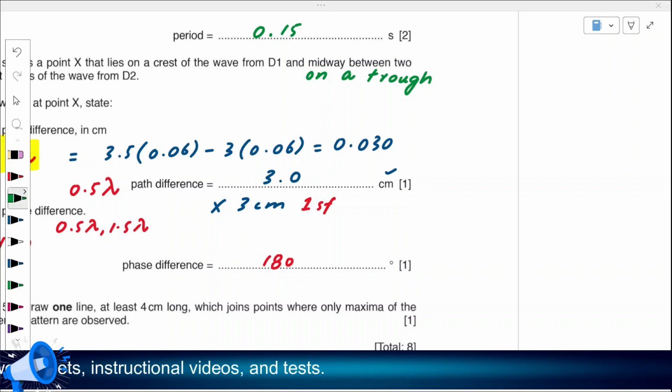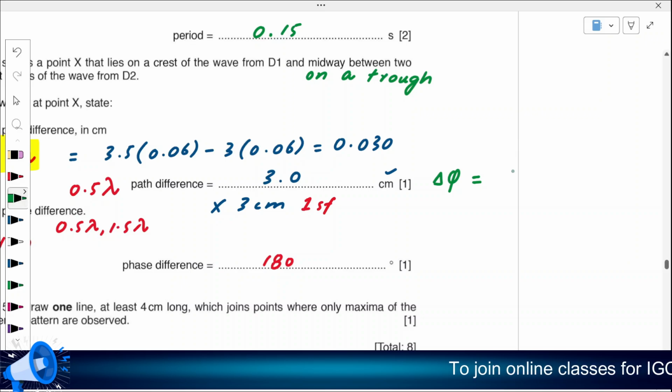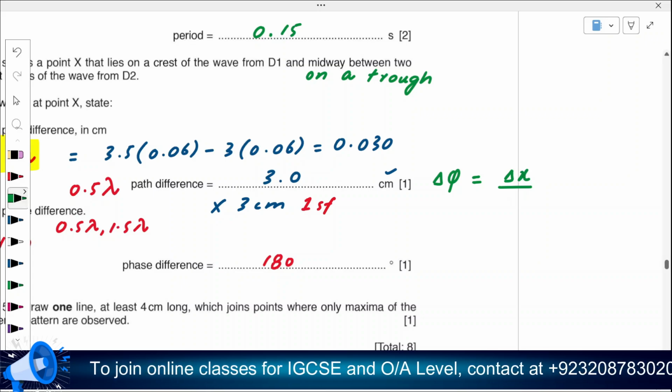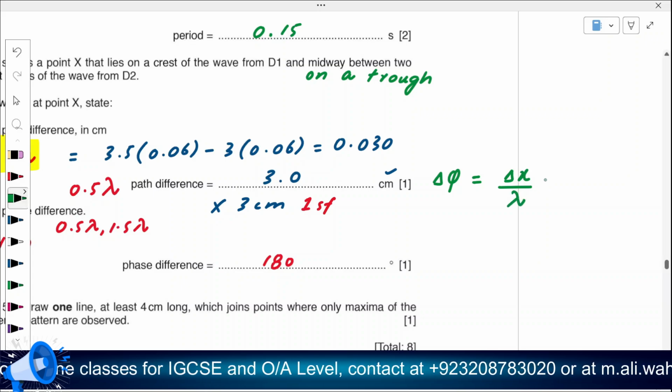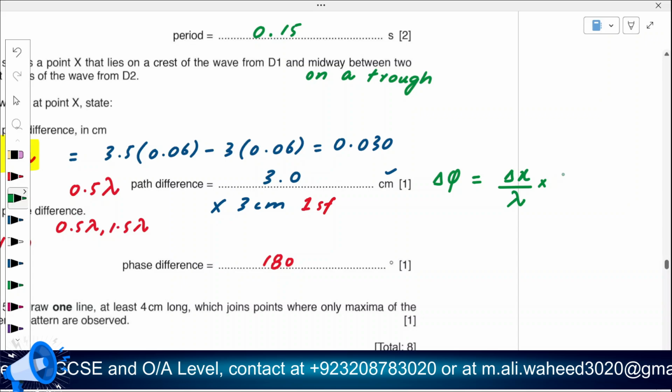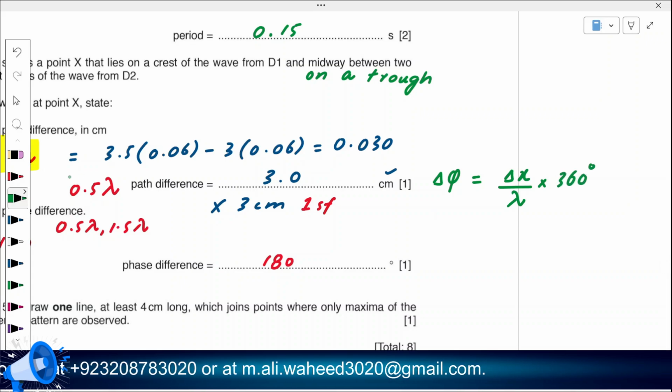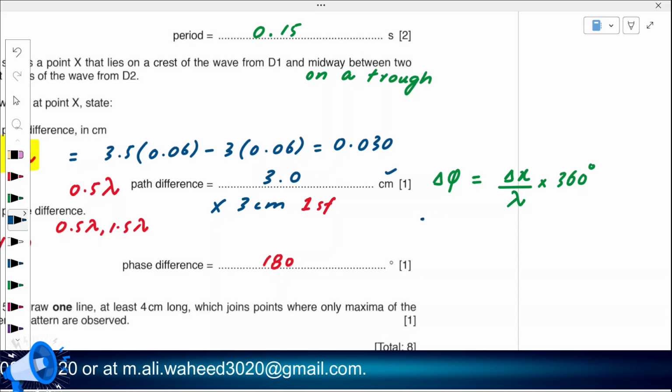So delta phi, which is the phase difference, equals delta x over the wavelength times 360. So you can use this formula also.